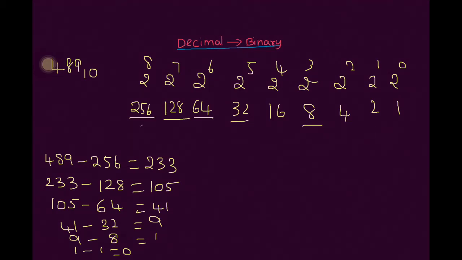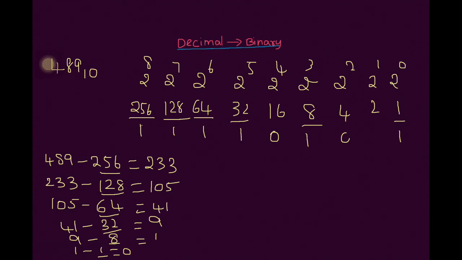So when we add up these numbers, 256, 128, 64, 32, 8, 1, each marked with a 1, we get the value 489.